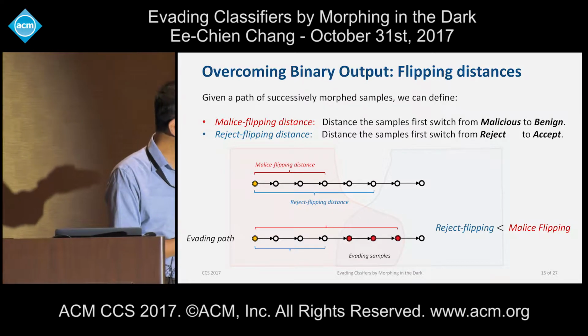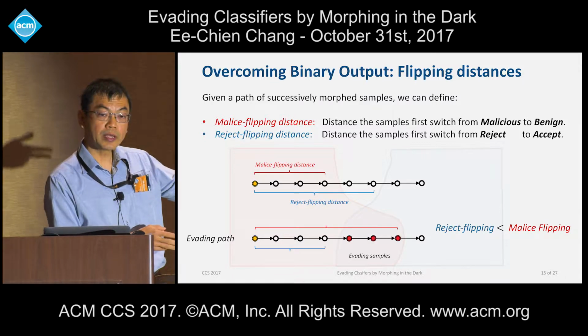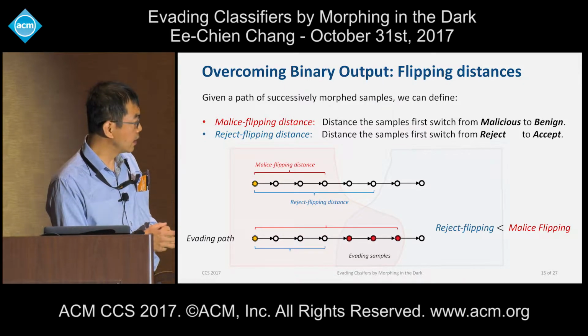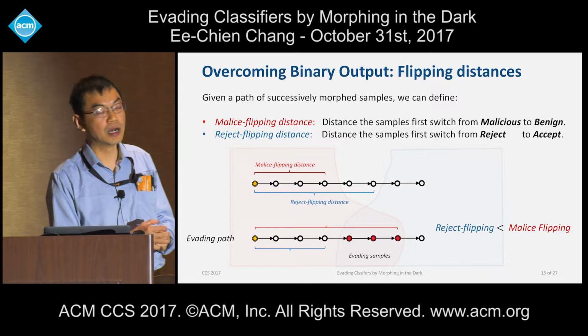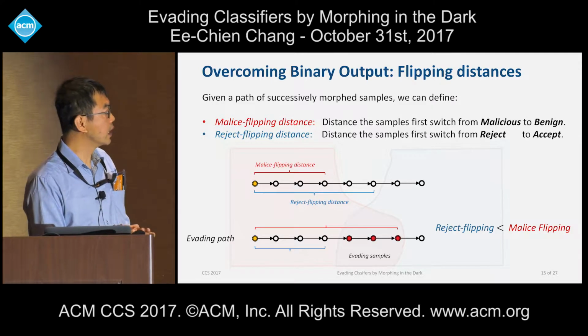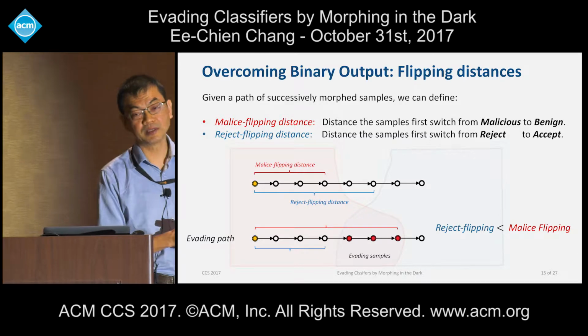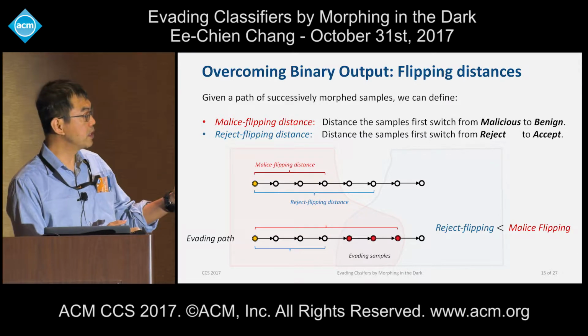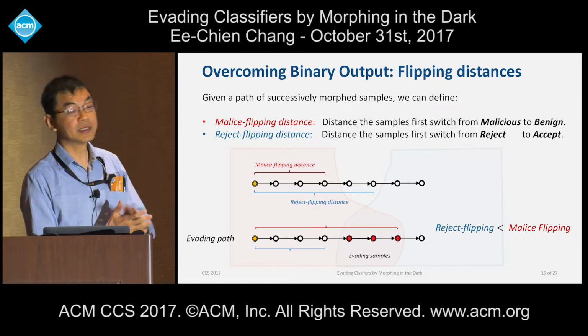So in the picture there, you can see the red line, the red color indicates the malice flipping distance. Likewise, we can define the reject flipping distance as the distance where the sample first switches from reject to accept.